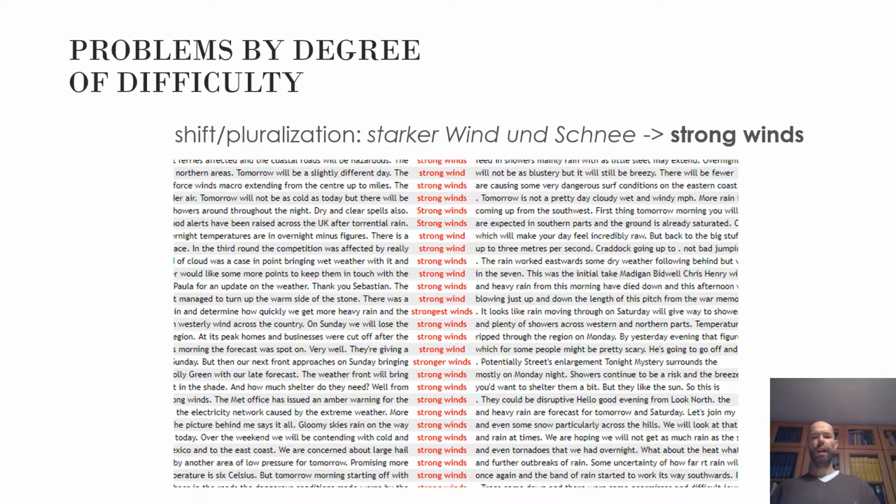These are some excerpts from television programs, usually weather forecasts, where we can see that the strong winds are causing some very dangerous surf conditions. There will be strong winds and so on.